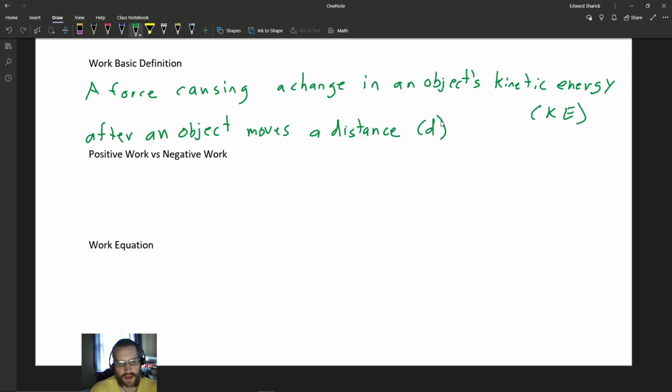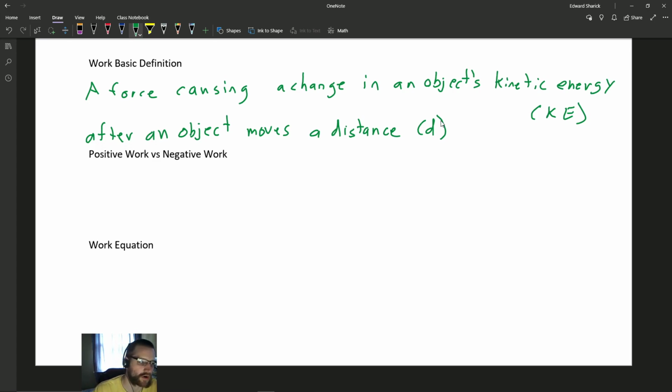That's what forces do. They cause accelerations. When that object moves, it has kinetic energy and the force is causing the object's kinetic energy to change. If the object was at rest initially and then has a final kinetic energy, it's gained kinetic energy. If it's a force like friction that's working to slow the object down, then it's taking away the object's kinetic energy.